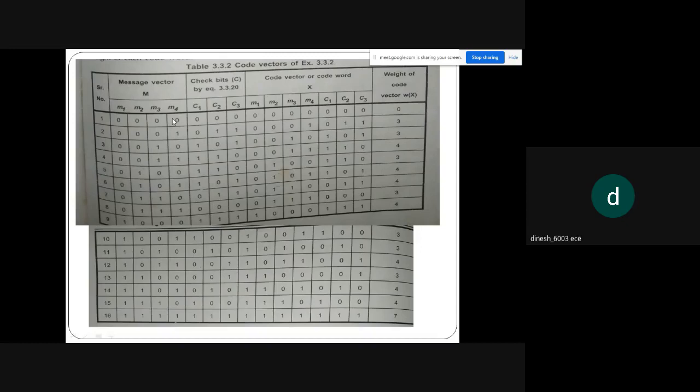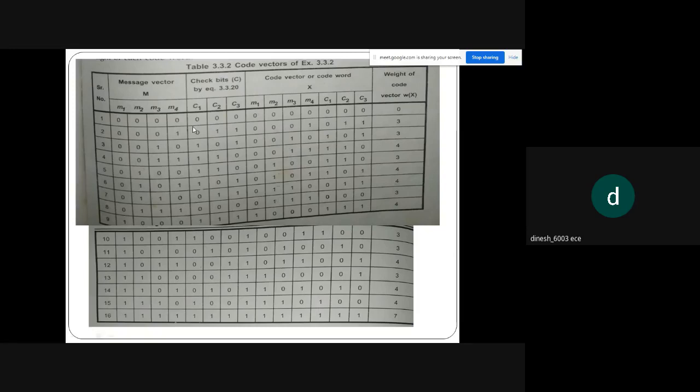For all these 16 different messages, we need to find check bits C1, C2, C3 appropriately and write the code vector as in this table. So you can check this table, and at last I'll tell you how to find the weight of the vector.